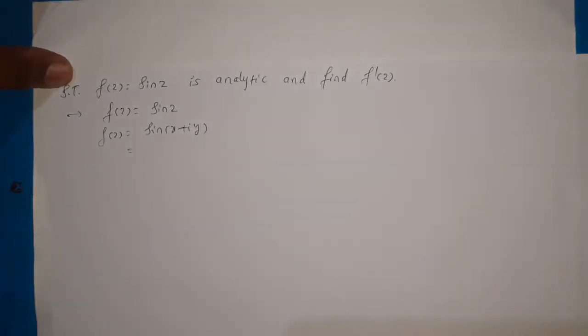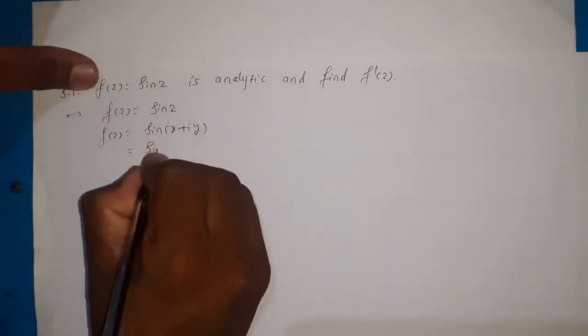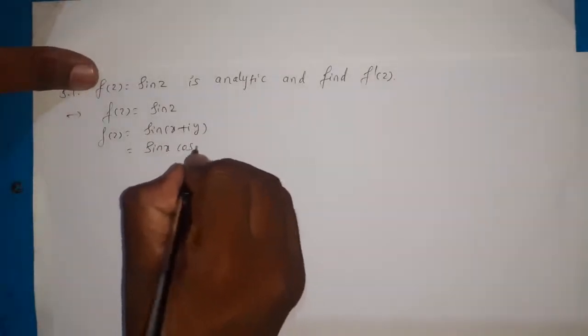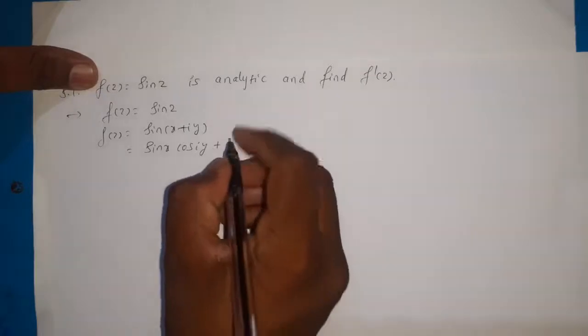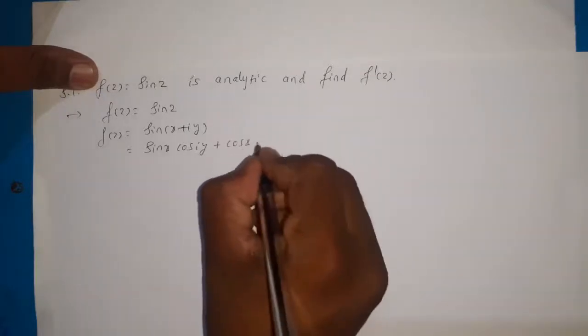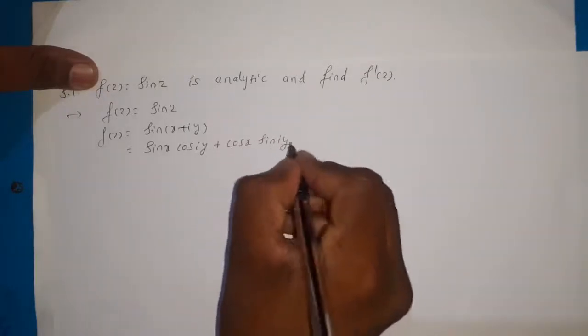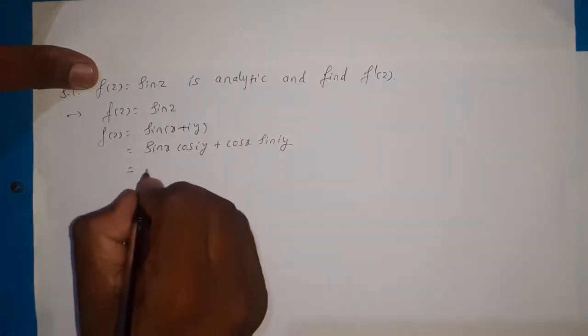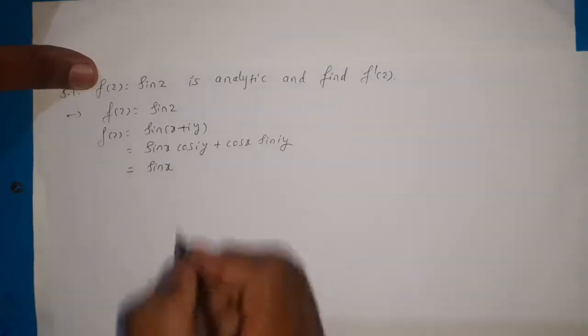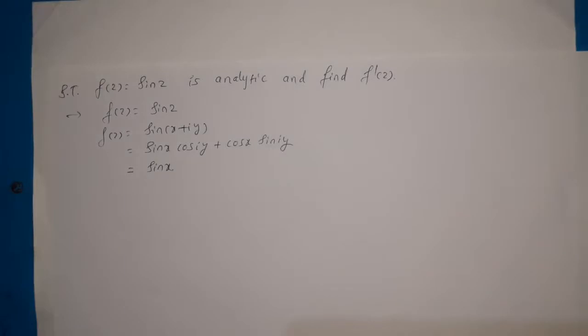Now, the expansion of sin of a plus b is sin a cos b plus cos a sin b. So, then it is sin x cos iy plus cos x sin iy. Here we have cos iy and sin iy. We already know what hyperbolic functions are.